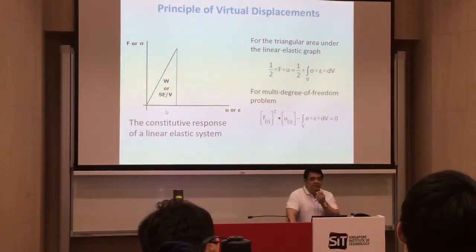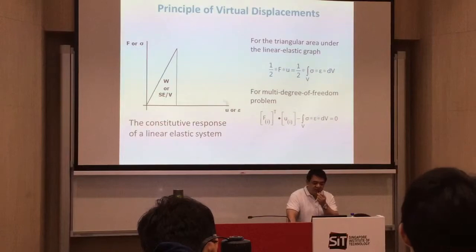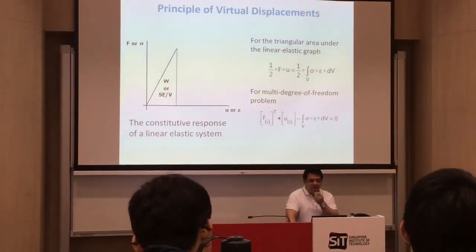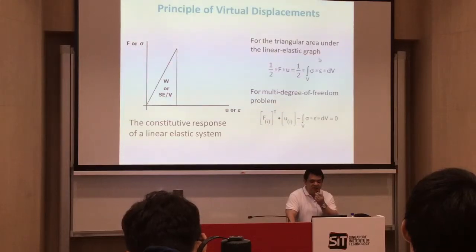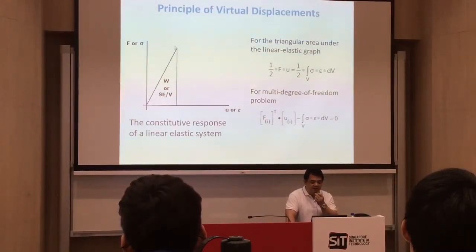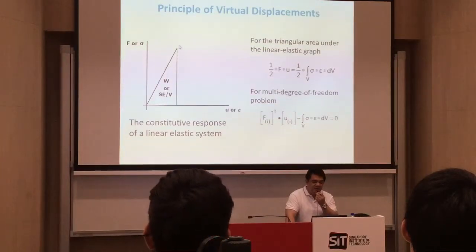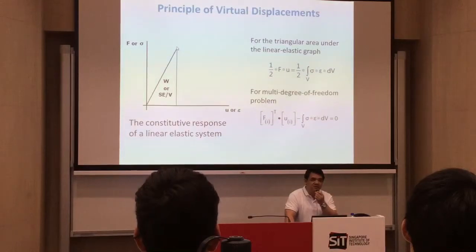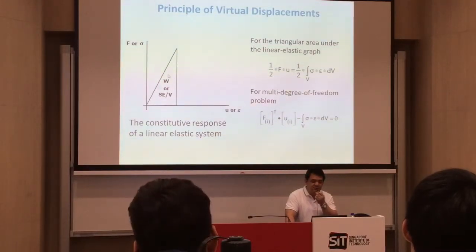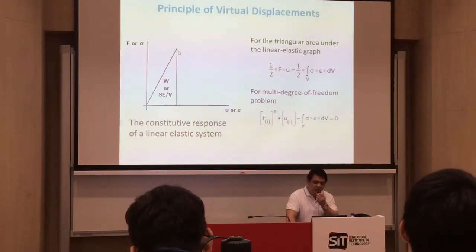So this area here, if we're looking at force and displacement, for the triangular area under the linear elastic graph, we have 1/2 F multiplied by the displacement. That will be the area under this elastic curve. Yes? You have this one in Moodle.